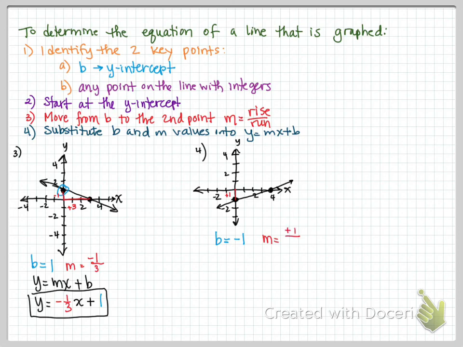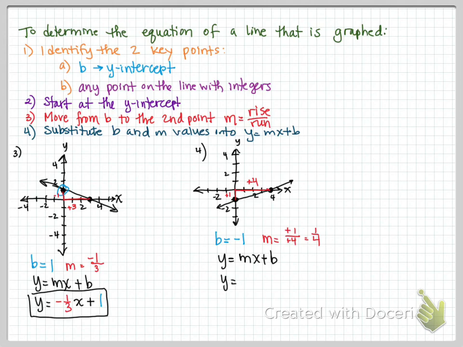And then I'm going to run 1, 2, 3, 4 to the right, so that's a +4. So we have 1/4. Okay, now we start with our form, y equals mx plus b. Substitute the numbers in, and call it a day.